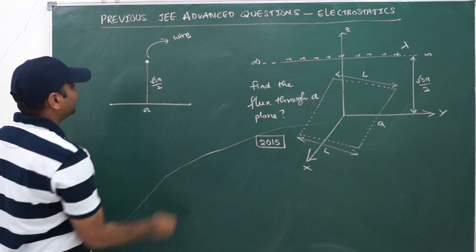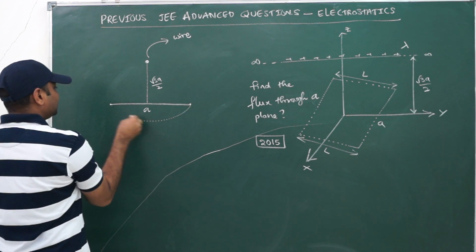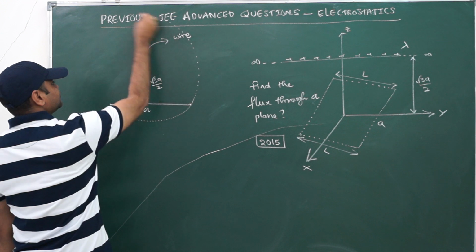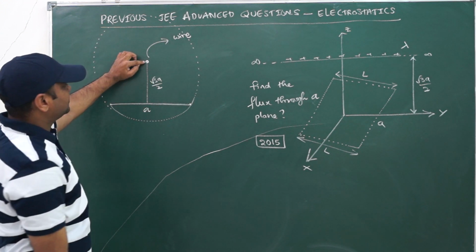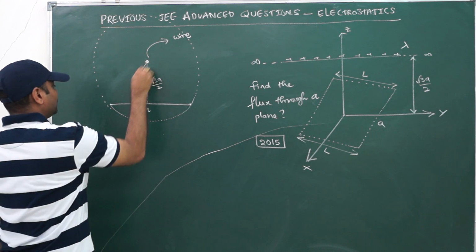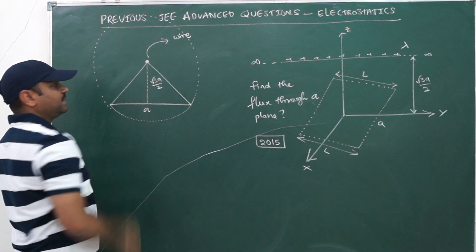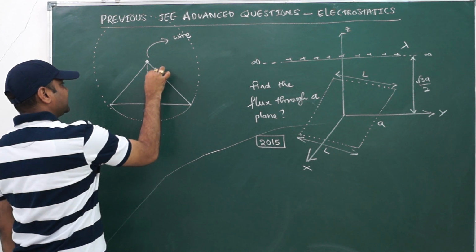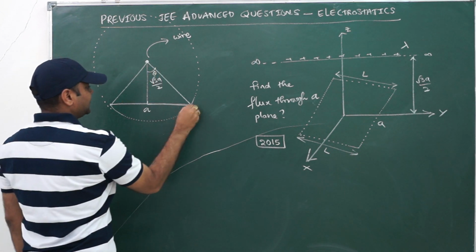For that, I am assuming a cylinder with the wire at the center. I want to know the angle made by the sheet. I take theta as the angle, and this length is a/2.